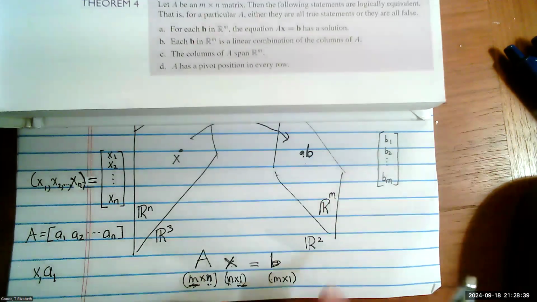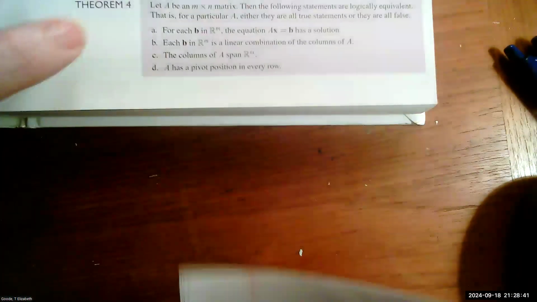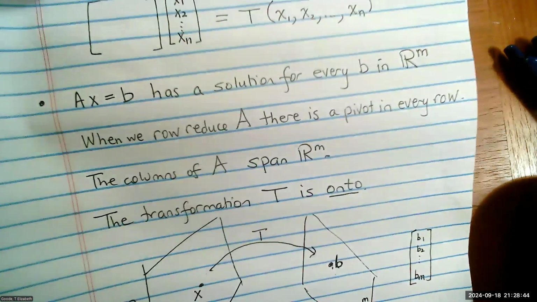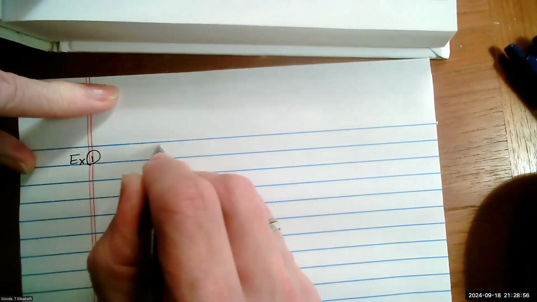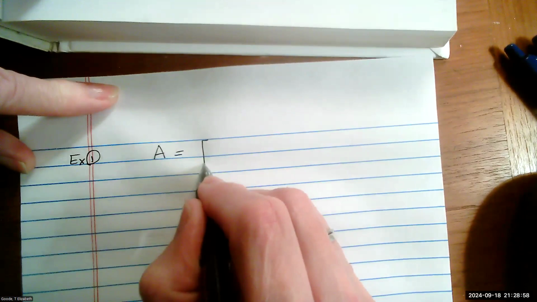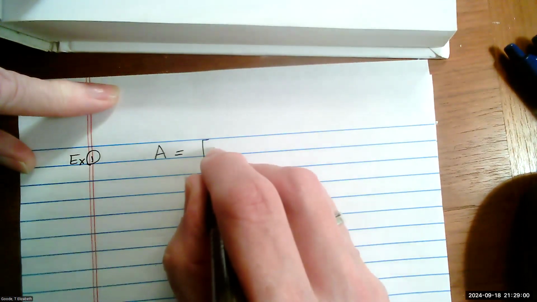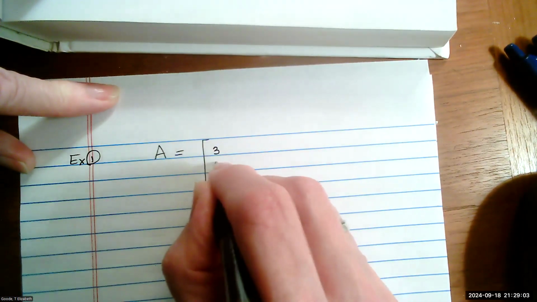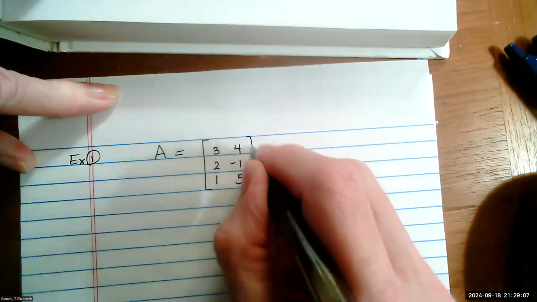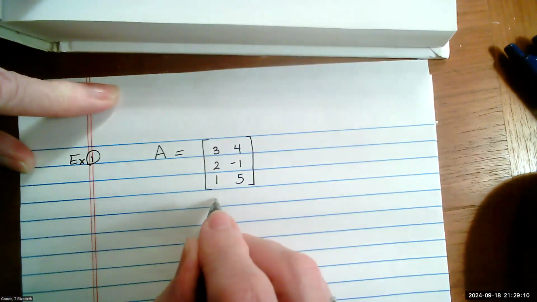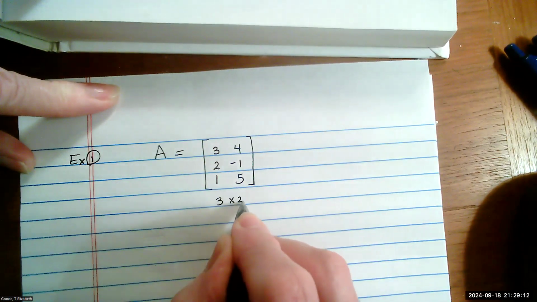All right, hang on, let me show you an example. Okay, so let's say A is 3, 2, 1, 4, -1, 5, okay? So A is a 3 by 2 matrix.